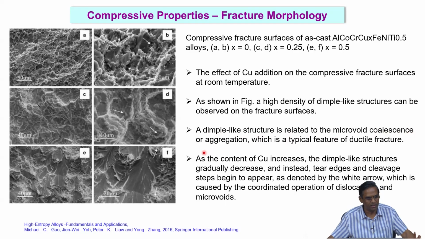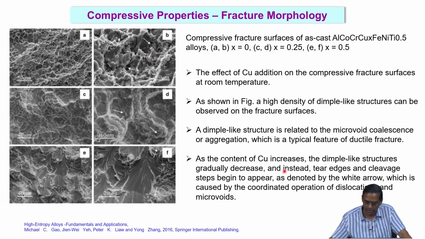This I showed yesterday, how the micro-void coalescence or aggregation is a typical feature of a ductile fracture. And as the content of copper increases, the dimple-like structures gradually decrease.